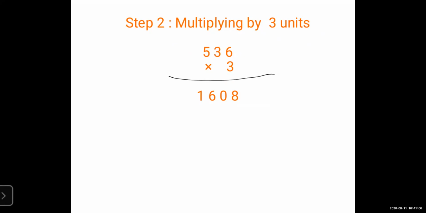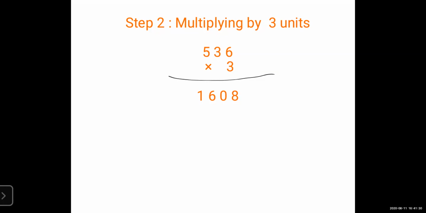So take any full number. We have taken the first number and we have considered the units place of the second number to multiply the first. Now see, 536 multiplied by 3 units, because in the second number there are 3 units. So first of all we multiply by that 3.